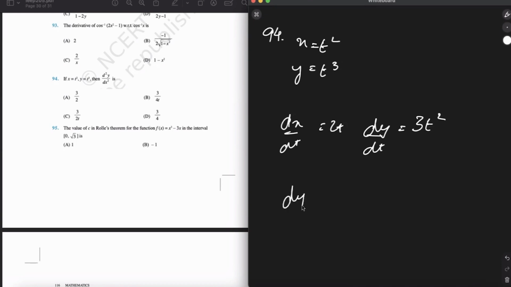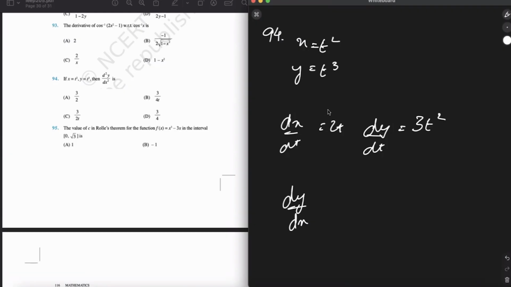Now this is the point where you have to find dy by dx. Do not differentiate these further, because it will give you wrong results. What you have to find is d2y upon dx square. That is what you have to find.